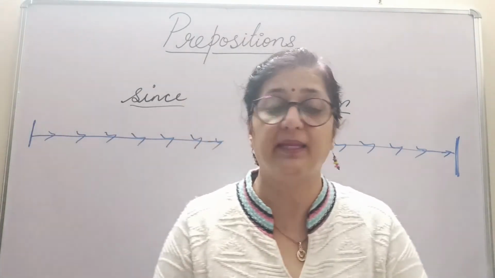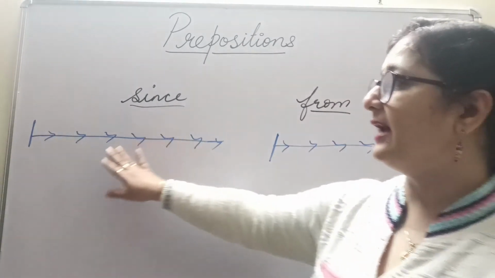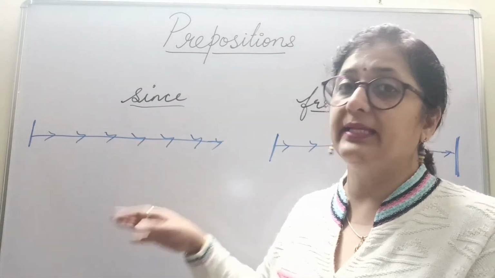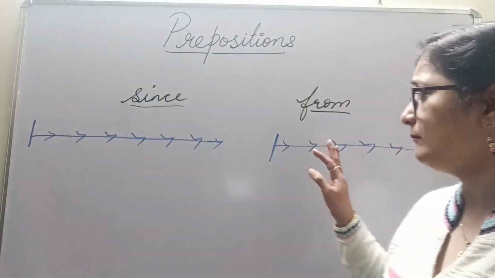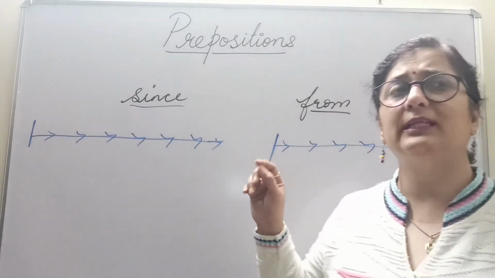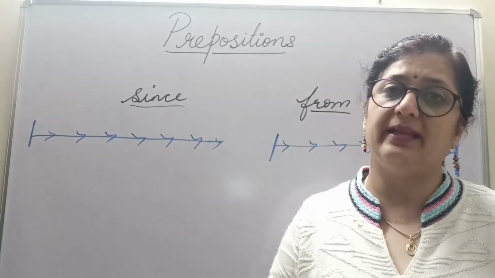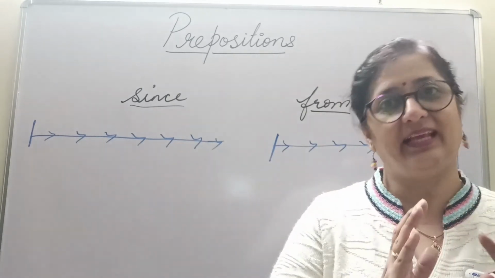That means I'm still planning. I haven't finished my planning as yet. Now that planning still continues. But from 9 o'clock till 12 o'clock, I was planning for prepositions. So from has a beginning and an end.